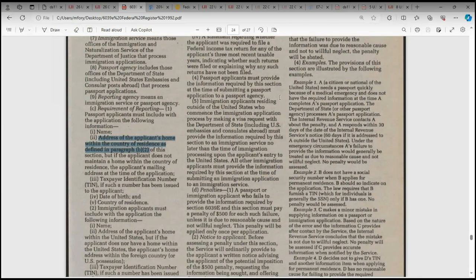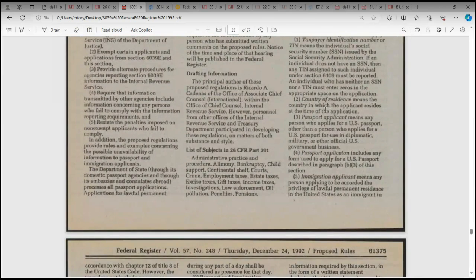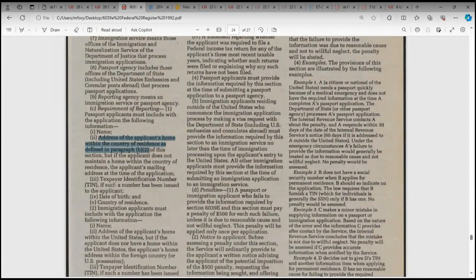They just said the country of residence that you are currently in when you apply. Which we all know, because of what they stated up here for the purpose and scope, is a foreign address. They just don't tell you in the code. In the regulations, they tell you.